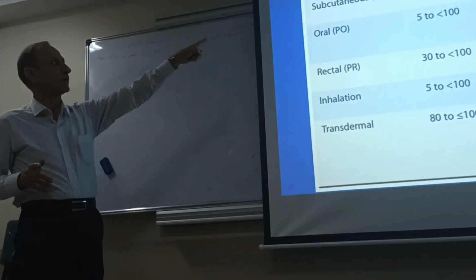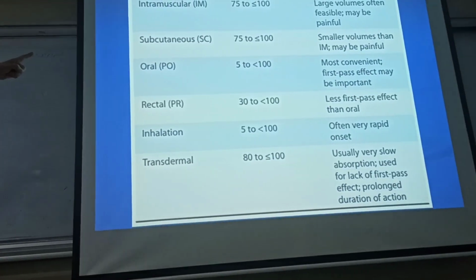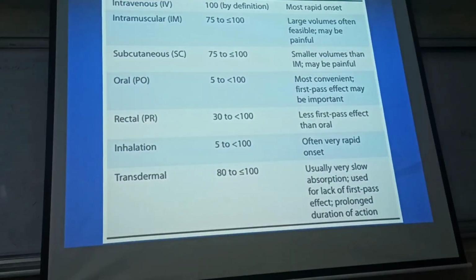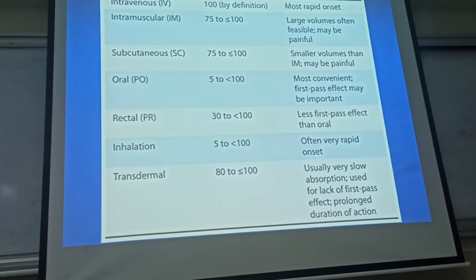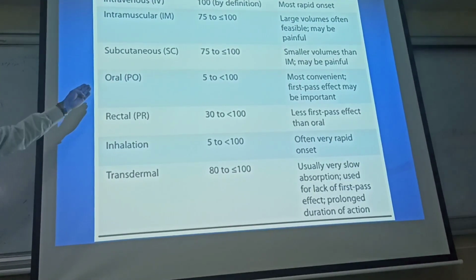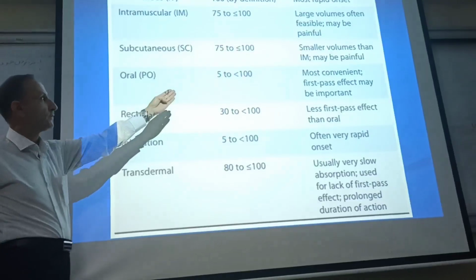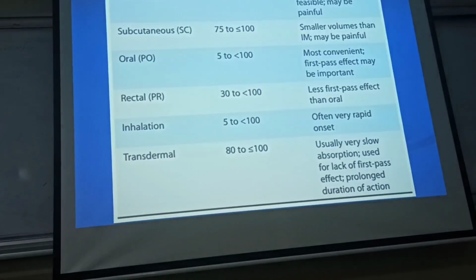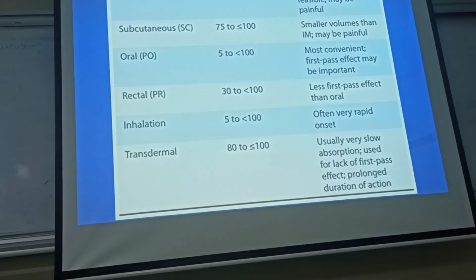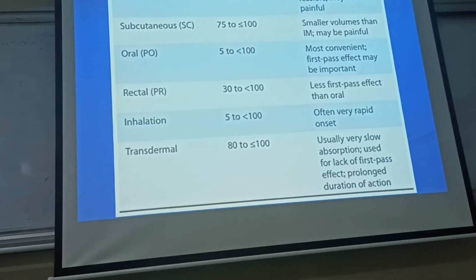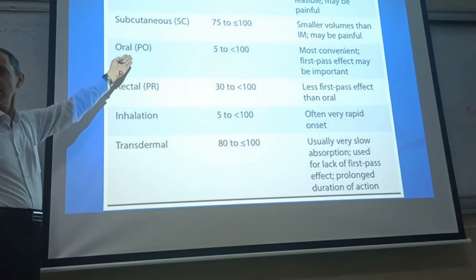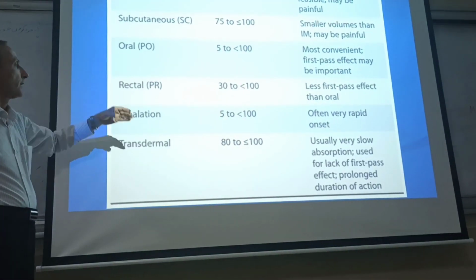In intramuscular or subcutaneous, you see bioavailability from 75 to 100. In the oral route, bioavailability may vary from 5 to less than 100% due to absorption and metabolism.